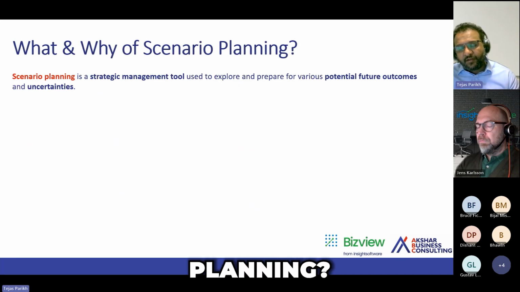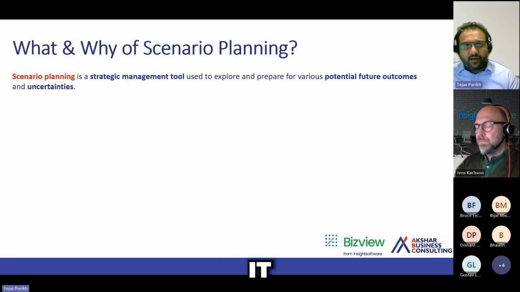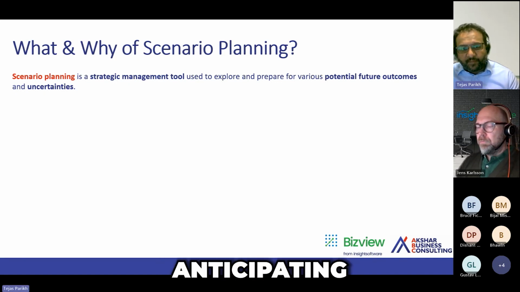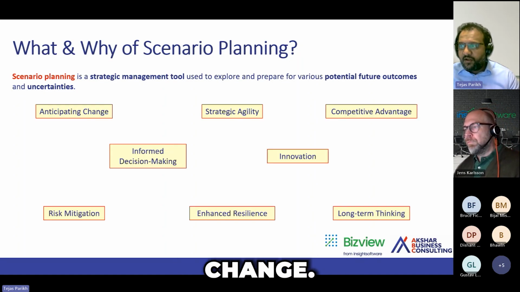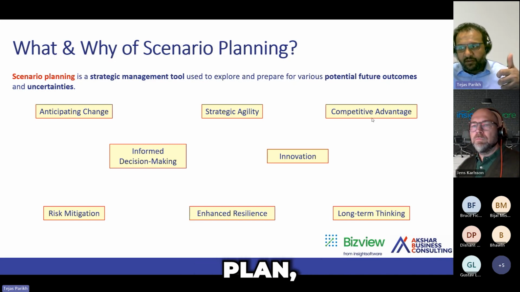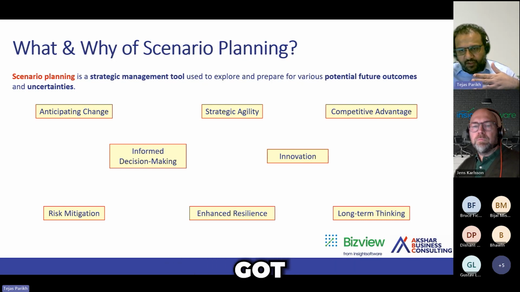So why scenario planning? Scenario planning is a strategic management tool. It helps us prepare for potential future outcomes and cover for uncertainties. Anticipating change, risk mitigation, strategic agility, and competitive advantage is what you get if you do a good scenario plan. It helps you with informed decision making and innovation because you are prepared for the scenario before you've got there.